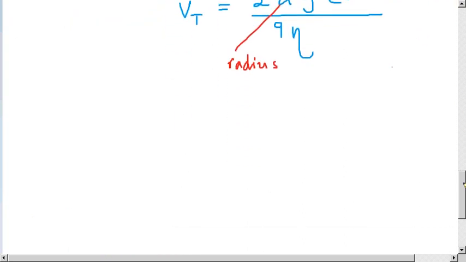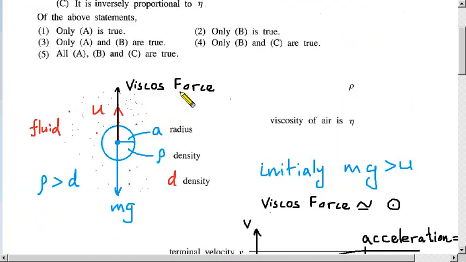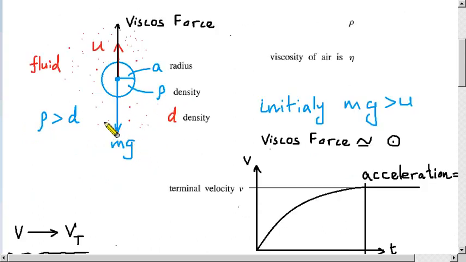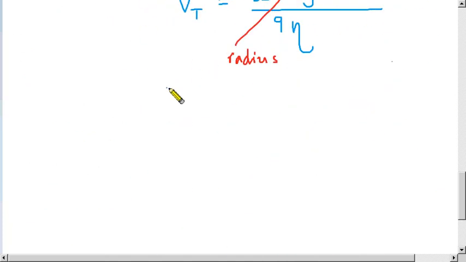And also, children, I have something more to tell you. We were discussing an object moving downwards. That means the density of the object is greater than the density of the medium. But in the other direction, if the density of the object is smaller than the density of the medium, what happens?